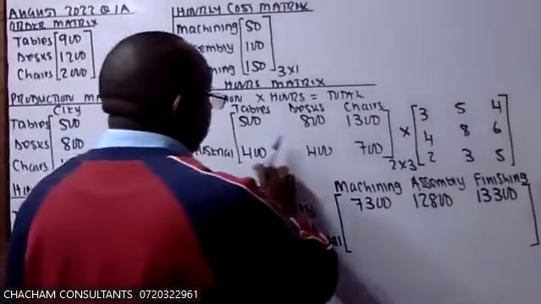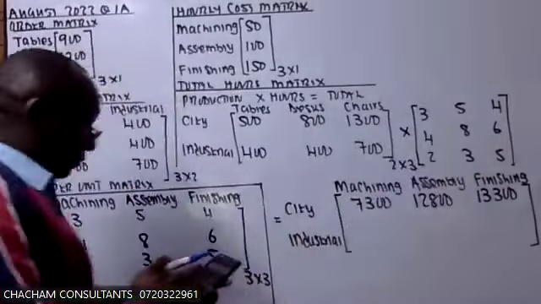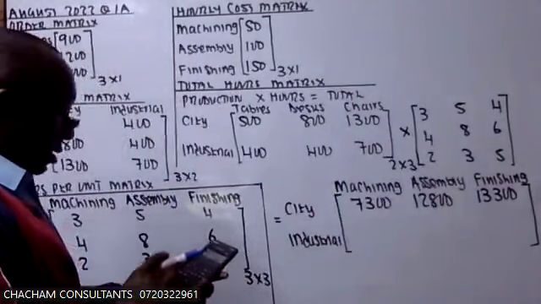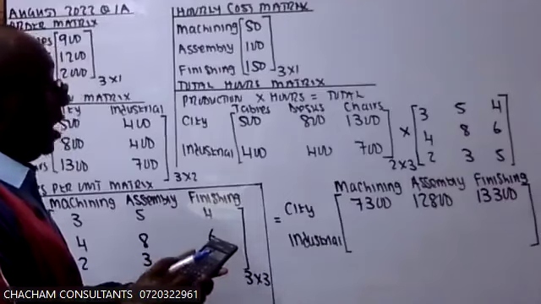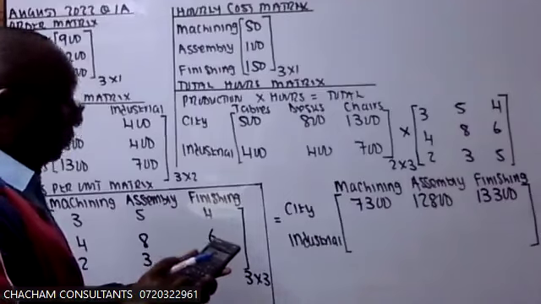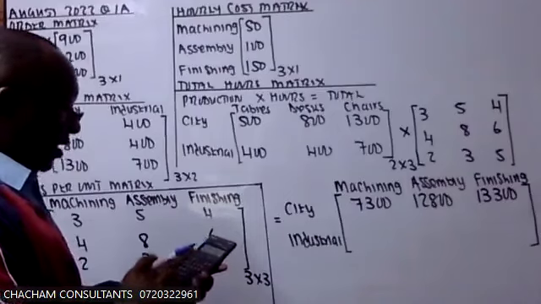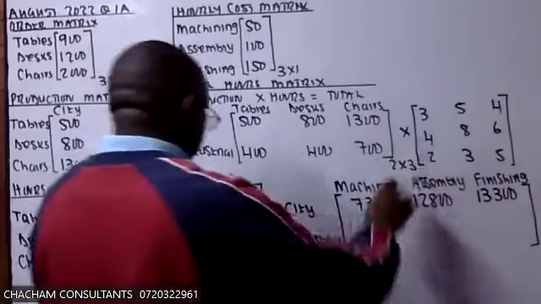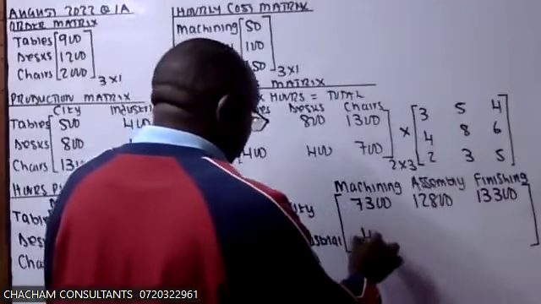Then you take this, you do the same now. We repeat. So 400 times 3 plus 400 times 4 plus 700 times 2. This is 4,200.